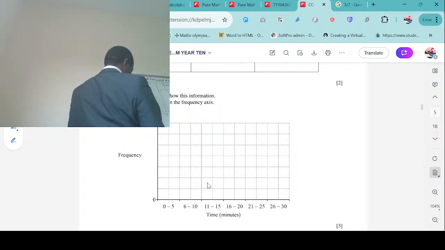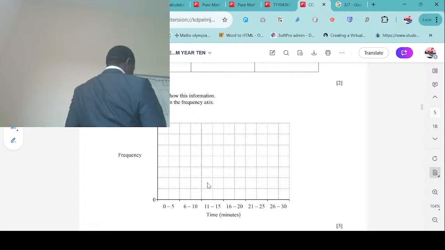Here, better I put 0 here and move this one a bit, because of the negative stuff. So here is 0.